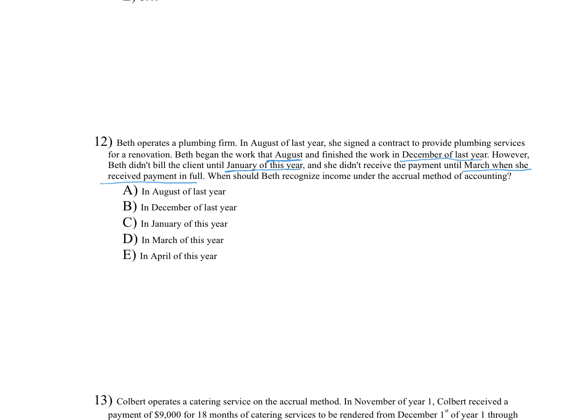When should Beth recognize income under the accrual method of accounting? All right.